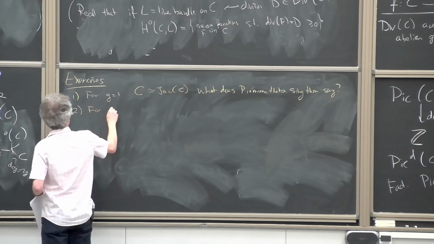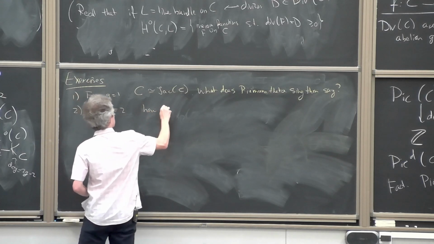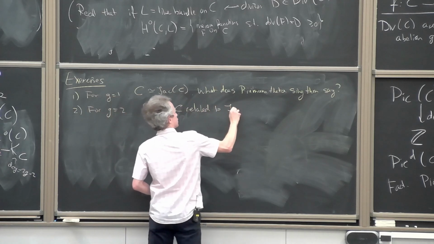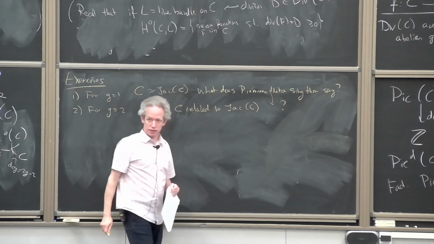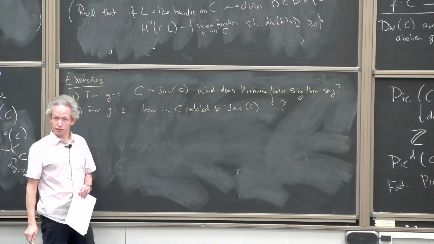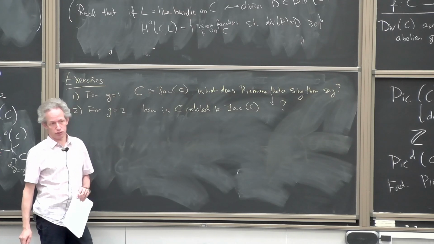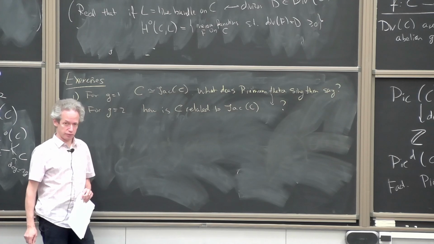For g equal to 2, how is C related to the Jacobian? And what does the Riemann theta singularity theorem say then? There is a nice uniform answer to this question in genus 1 and genus 2. All curves of genus 2 sort of look the same. All curves of genus 1 look the same from this point of view.